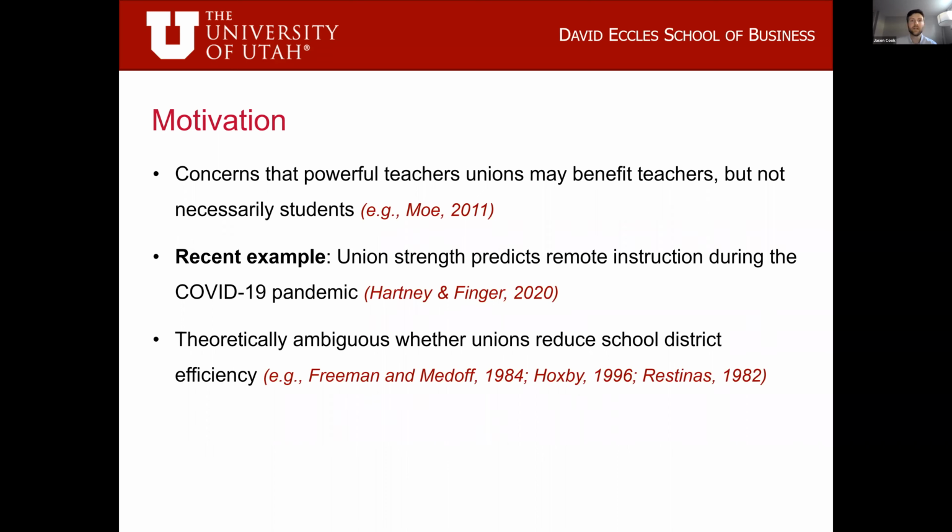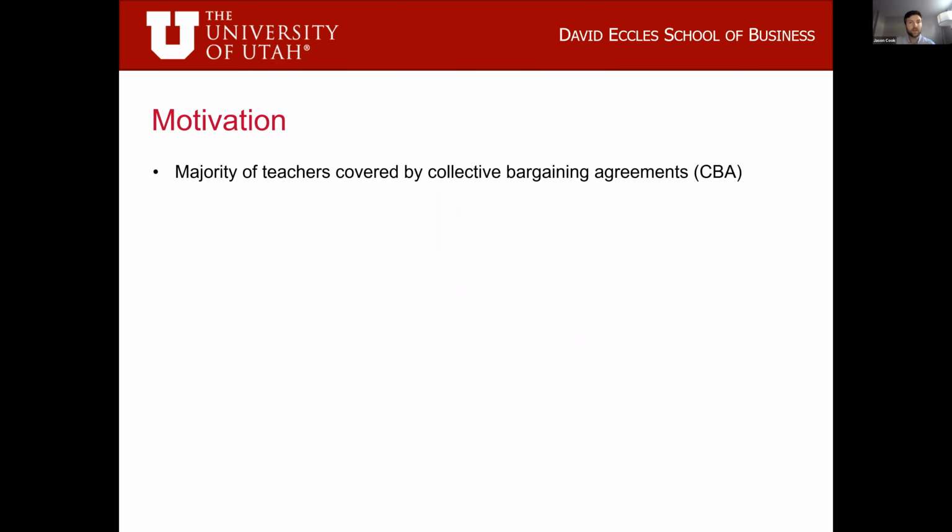It just shows how union strength could be having these impacts. And it's theoretically ambiguous whether or not teachers' unions are going to reduce school efficiency. A lot of it will depend on the goals, expertise, and effort of teachers and district officials. So it's something that needs to be explored empirically, which is what we do here. It's important to look at this because a majority of teachers are covered by collective bargaining agreements. And so understanding how these impact the way that schools operate is really important.